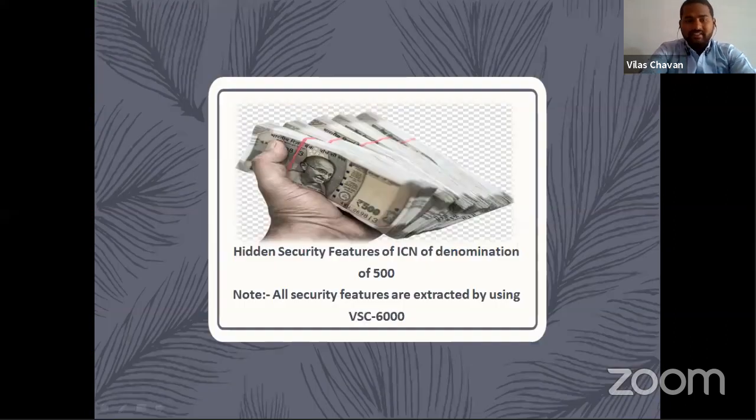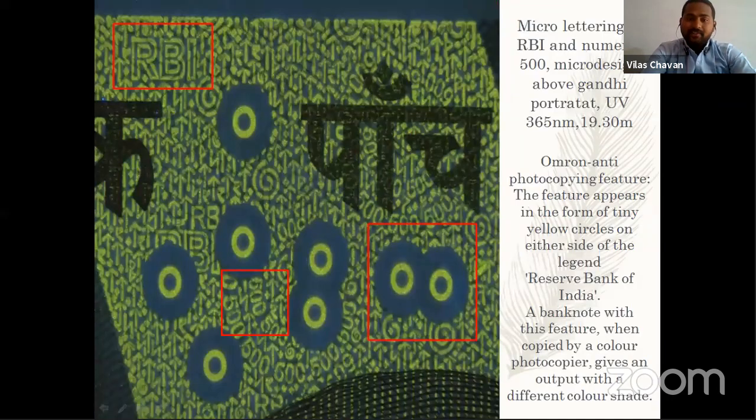Now we'll talk about some hidden security features of the Indian currency note of denomination 500. Here you can see the micro lettering of RBI and numeral 500.